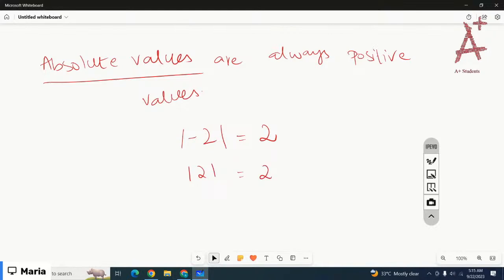No negative numbers allowed in the absolute value. So the absolute value of any number is a positive number, right? For example, you have to calculate the absolute value of negative 9. So what is the absolute value?